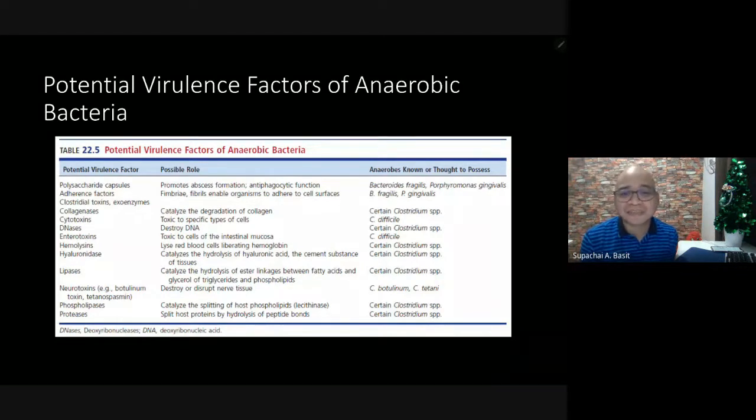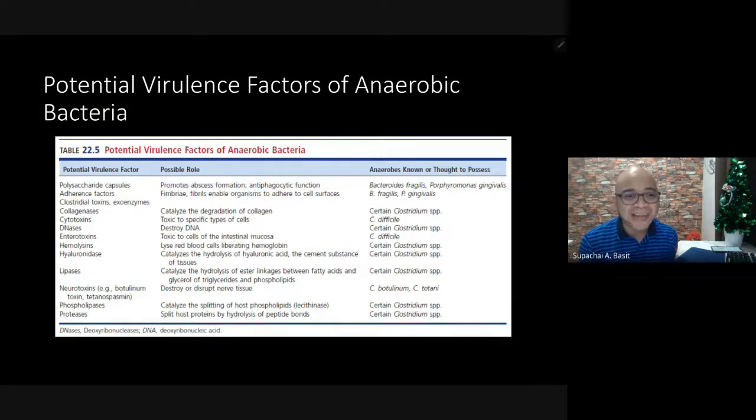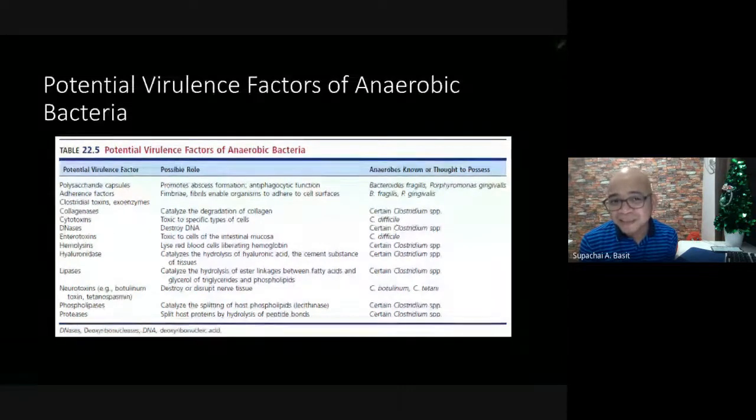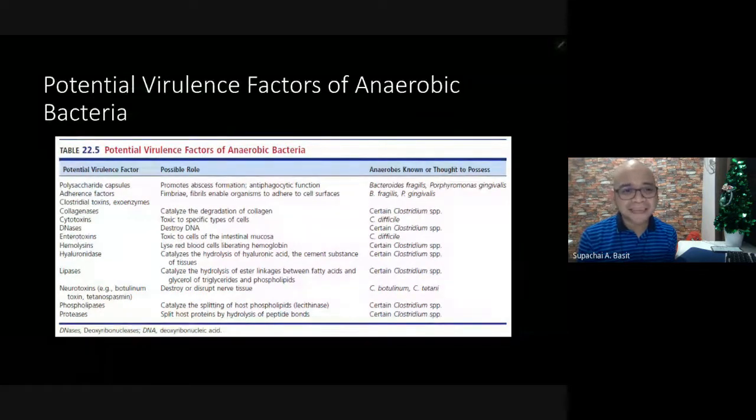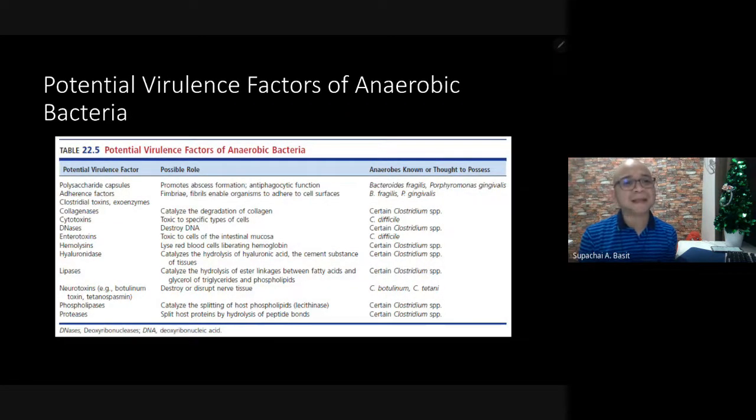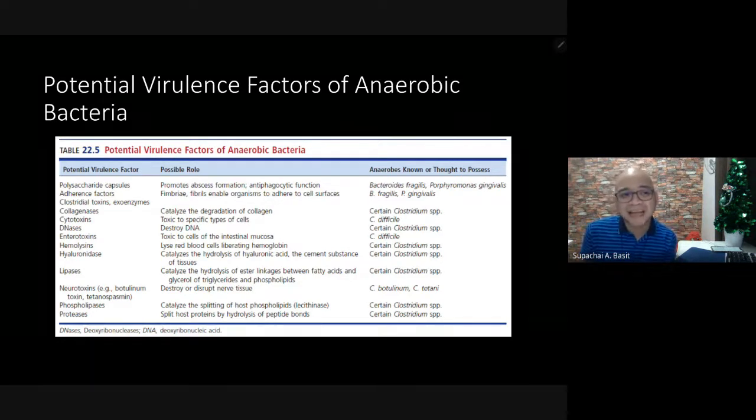And then toxins. We will be discussing different kinds of toxins. And then collagenases will degrade collagen, the connective tissue. Cytotoxin would be toxic to certain cells. DNases will destroy DNA. Enterotoxin will be toxic to our intestinal mucosa.